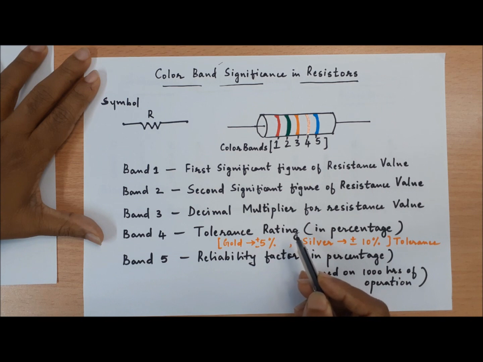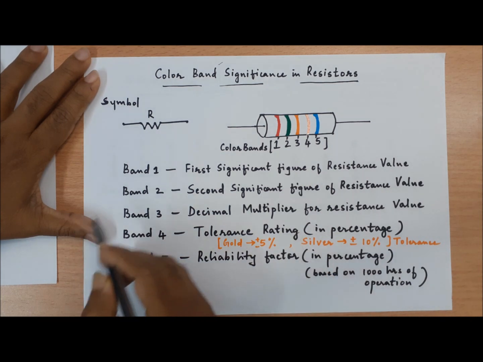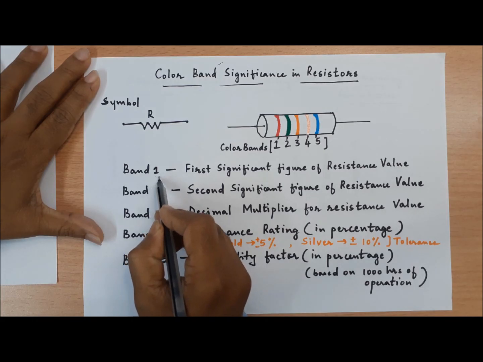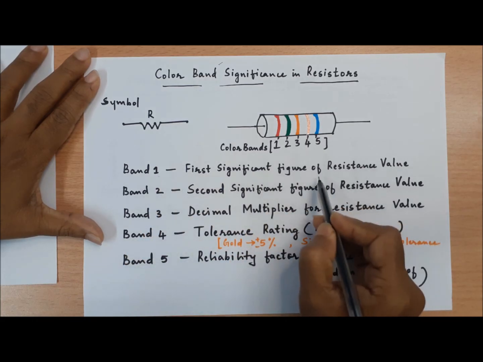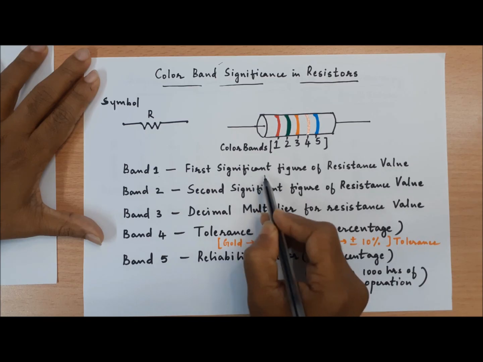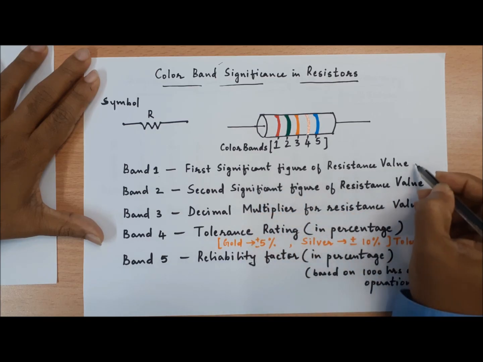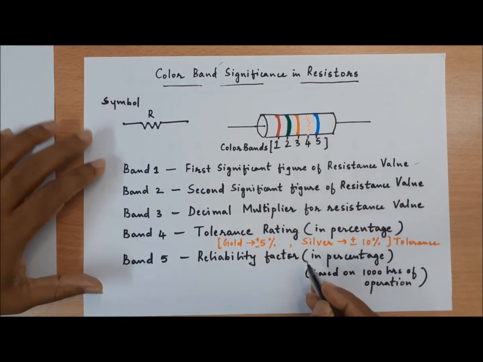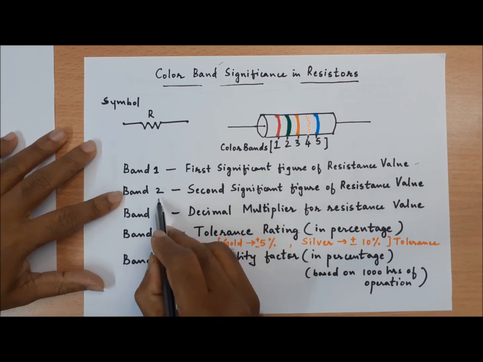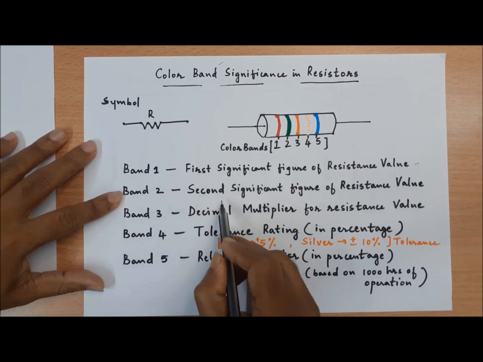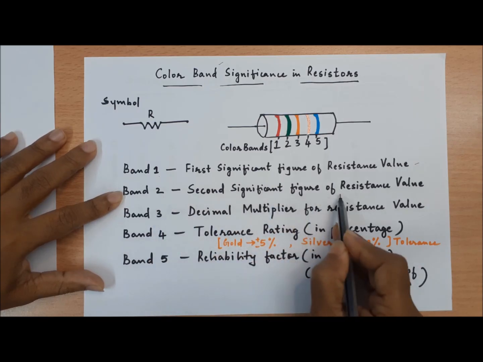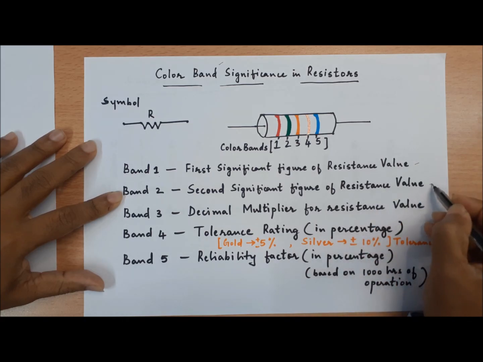So what do these individual bands represent? Well, the first band is the first significant figure of the resistance value. What about the second band? The second band represents the second significant figure of the resistance value.